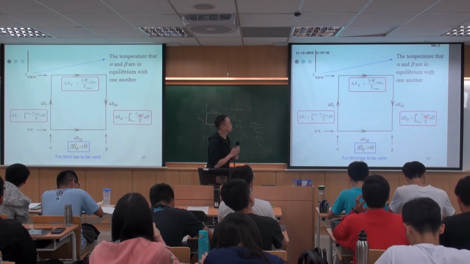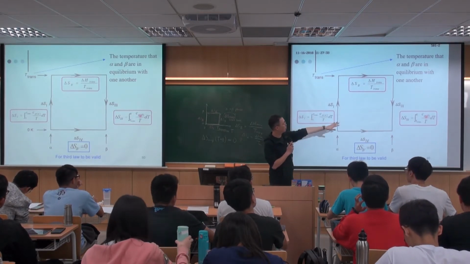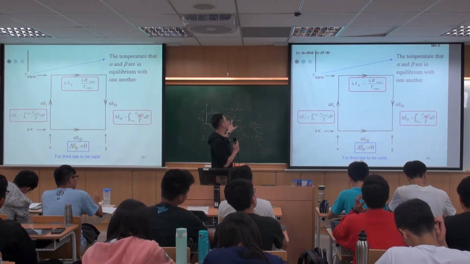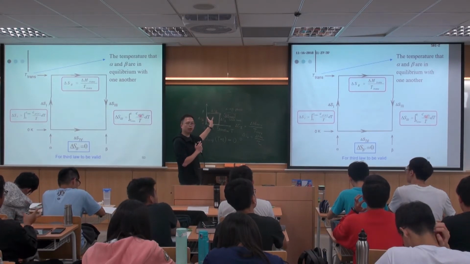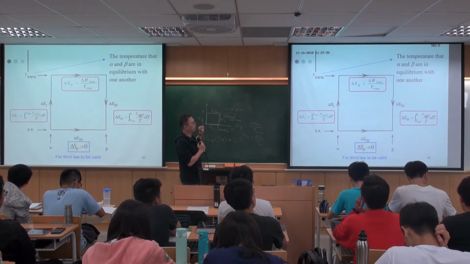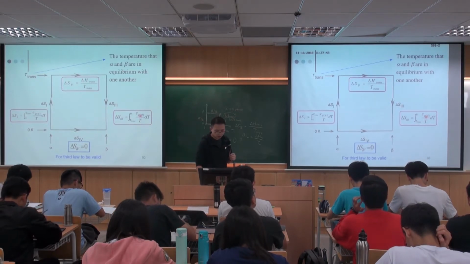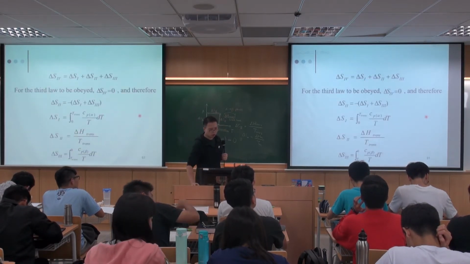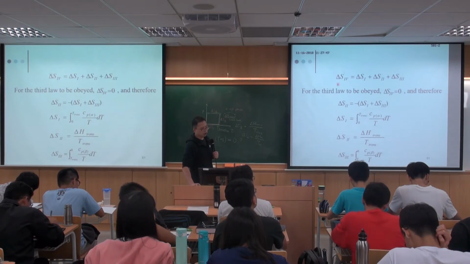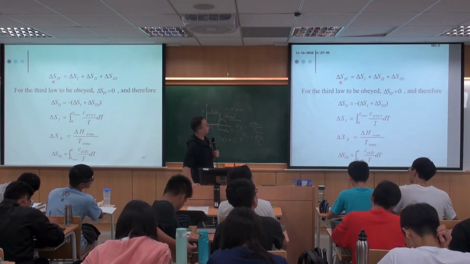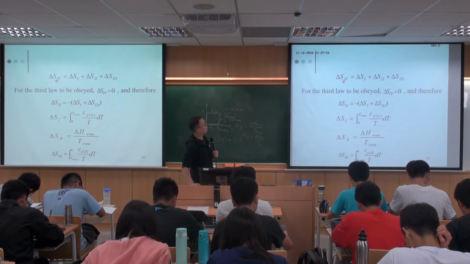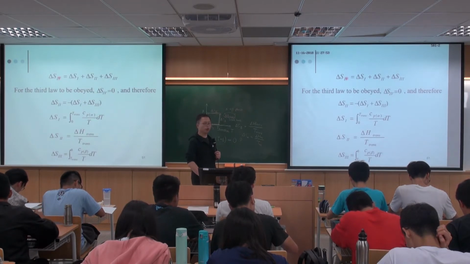Okay? So here is the alpha phase, here's the beta phase. So this graph is essentially this turning by 90 degrees. Okay? And we want to calculate this to show that if the third law is valid, then this delta S4 should be close to 0.